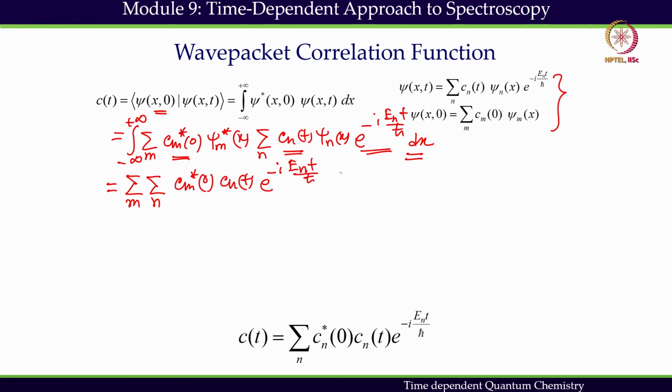So in the end the summation looks like this, with the integral from minus infinity to plus infinity of psi m star x psi n x dx.